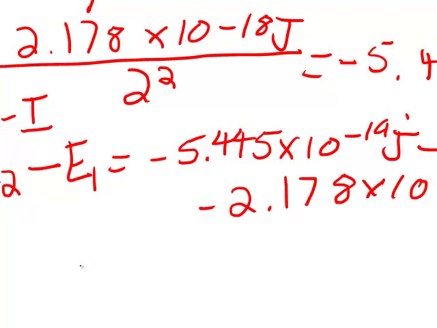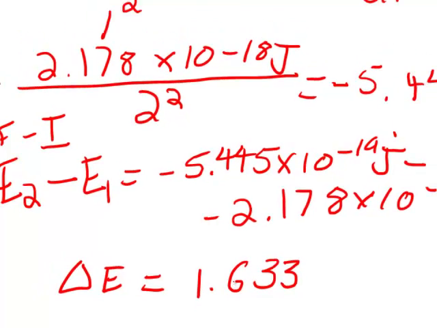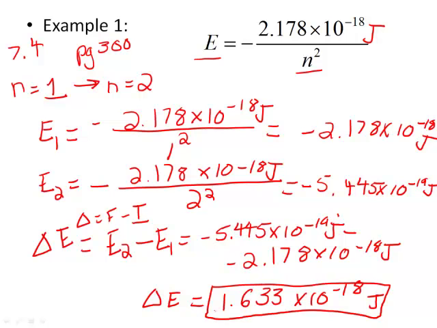When I do that, my change in energy is 1.633 times 10 to the negative 18th. So a very small amount of energy, but we're talking in microscopic terms here. So, 1.633 times 10 to the negative 18th joules.